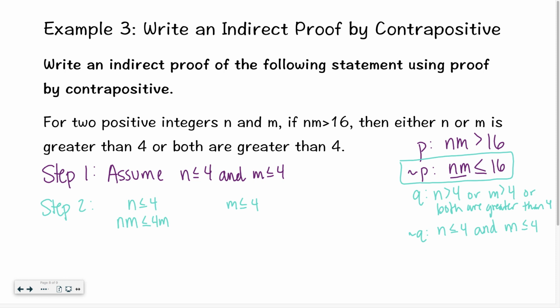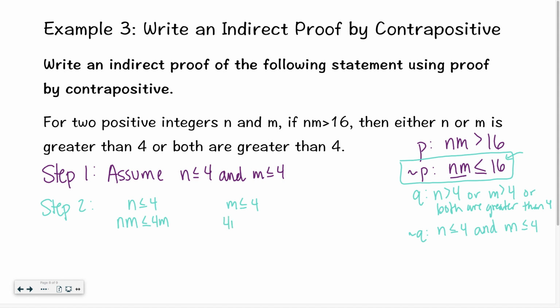Now if I look at this right-hand inequality, and I want that to look like the right-hand side of my not P inequality, I have to get a 16. So what do I have to multiply both sides by in order to get a 16? I have to multiply by a 4.